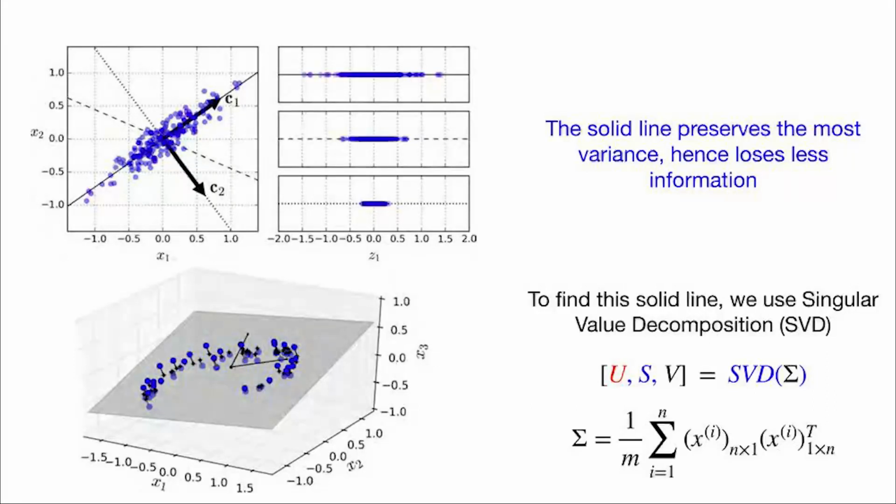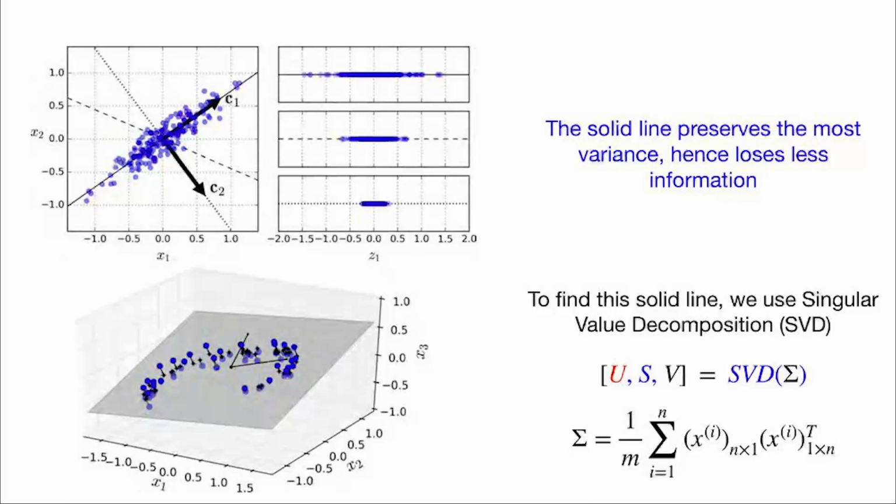When we can project them onto this plane, and that plane will help us approximate these features. That plane preserves the most amount of variance. That plane retains the most amount of information. That plane loses the least amount of information.